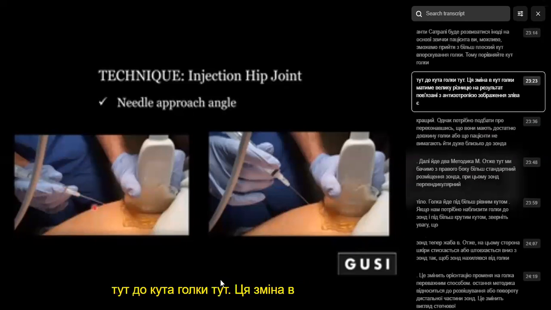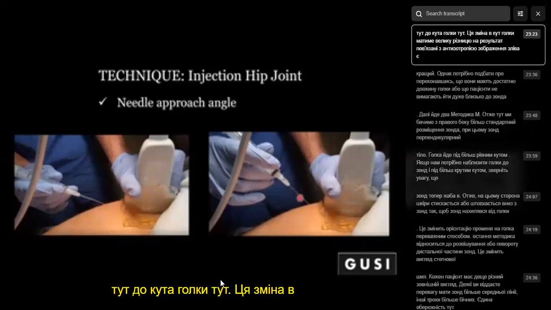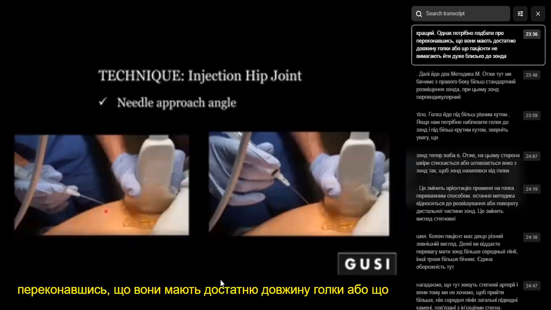So compare the needle angle here to the needle angle here. This change in needle angle will have a big difference on the outcome related to anisotropy. The image on the left is preferred. However, one needs to take care in making sure they have enough needle length or that the patient's habitus doesn't require going really close to the probe.